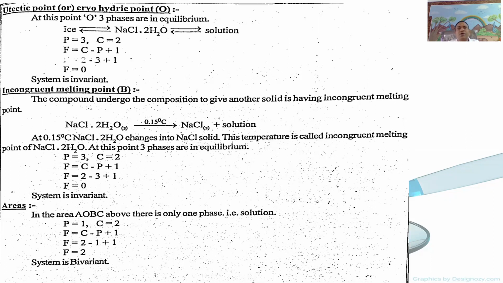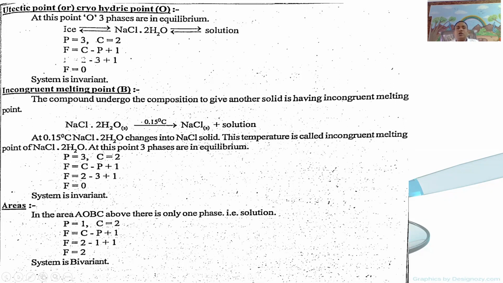The number of degrees of freedom required, based on the reduced phase rule, is P plus F equal to C plus 1, or F equal to C minus P plus 1. Here F equal to 2 minus 3 plus 1 equal to 0. It means it is an invariant system or zero variant system.